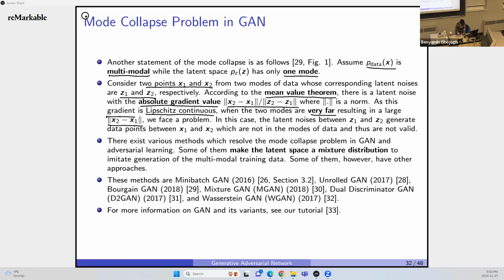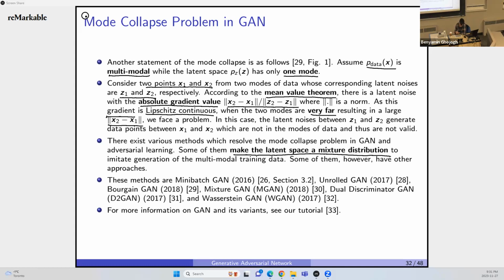So there are several ways to handle this problem. What do you do if you face this problem? The simplest one is what? Do you remember? P data X is multimodal. Let's make PZ, the noise, also multimodal. Make the latent space a mixture distribution, multimodal, right?